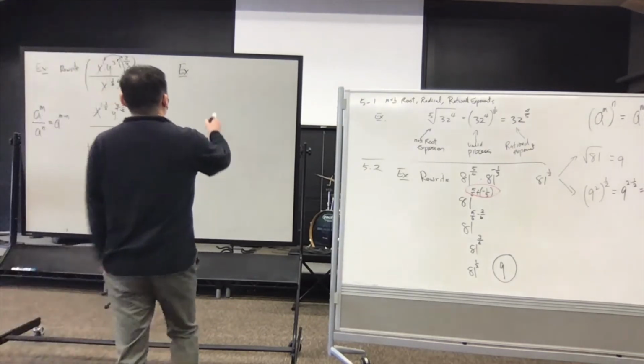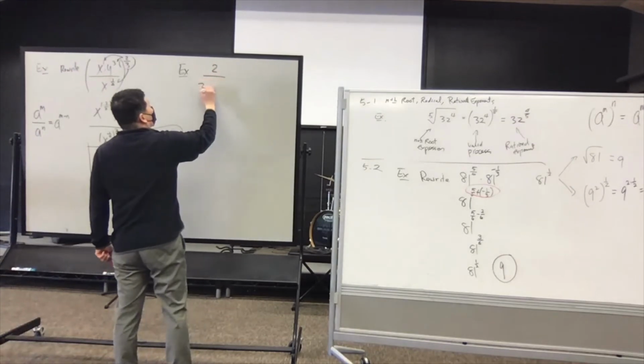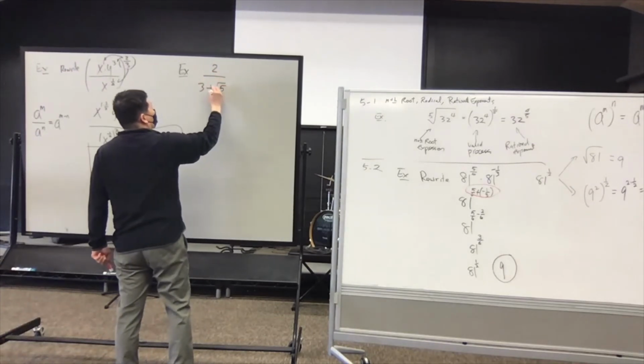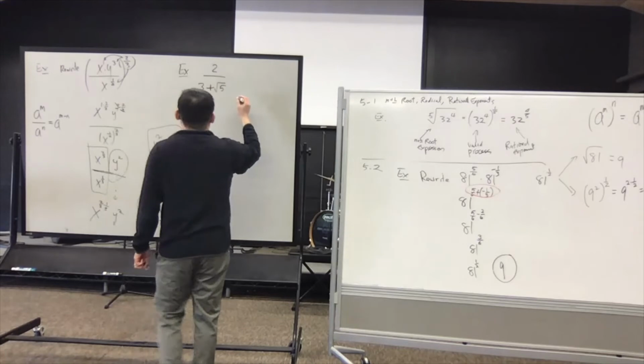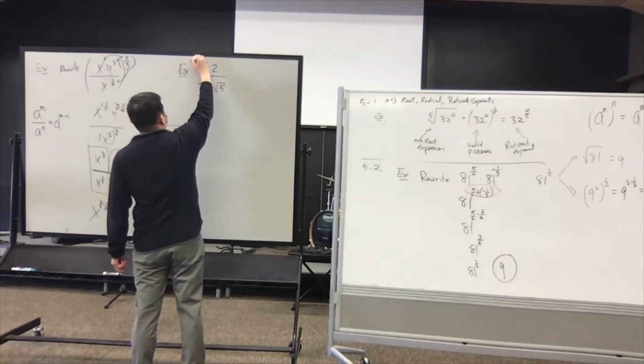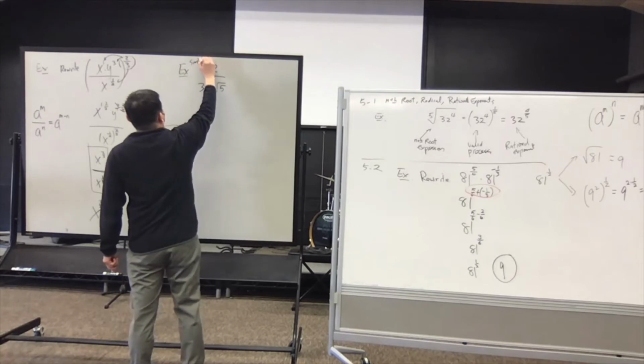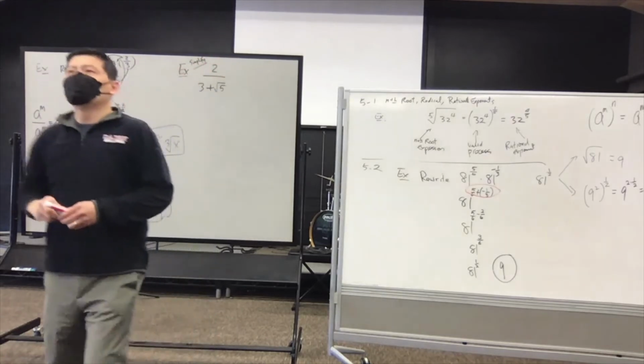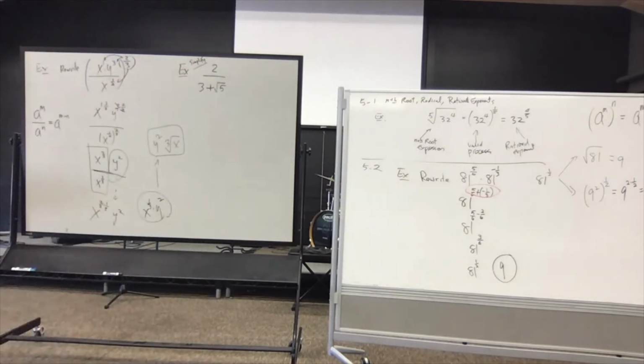They say, for example, 2/3 plus square root of 5, and they ask you to simplify, or rewrite. It's a different verb form to tell you that you need to make this look a little nicer.